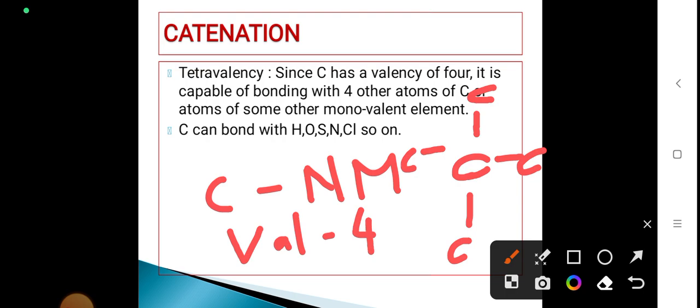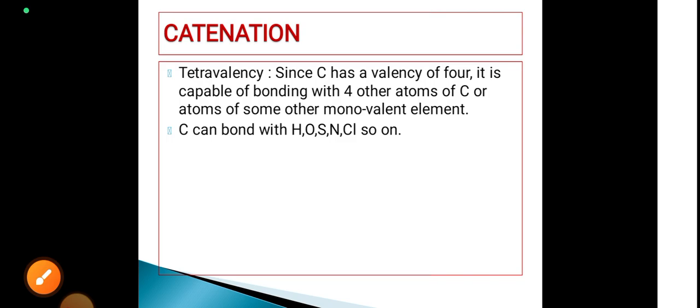So polymerization mainly is a branch of chemistry which mainly involves plastics and polymers, and also the synthetic fibers that we make use of in today's life. So this is the reason why carbon can bond with hydrogen, oxygen, sulfur, nitrogen, chlorine, and so on.